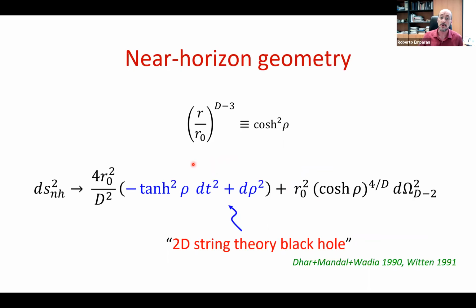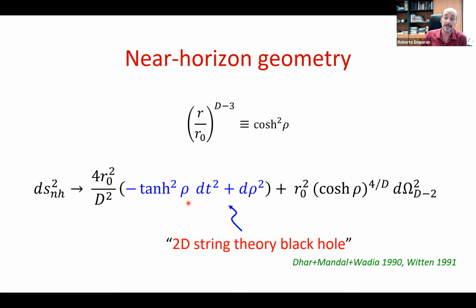So, as I said, we find this two-dimensional simple geometry for a black hole, which maybe to some of you, if you're familiar with string theory or with dilatonic black holes in low dimensions, is a solution you may have seen before. It's a dilatonic theory, displaying the role of the dilaton.